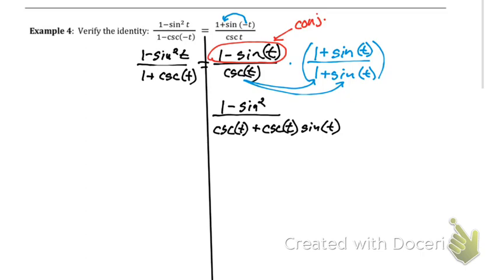But cosecant and sine are just reciprocals of each other. They should undo what the other one does. In other words, think about that as being 1 over sine times sine over 1. Well, that's just going to equal 1.